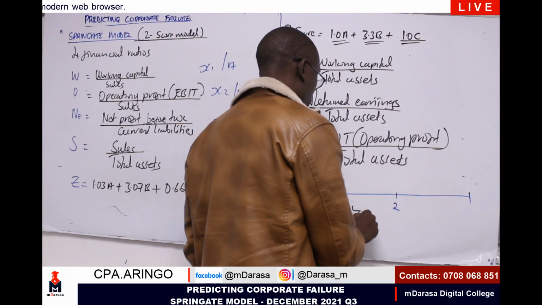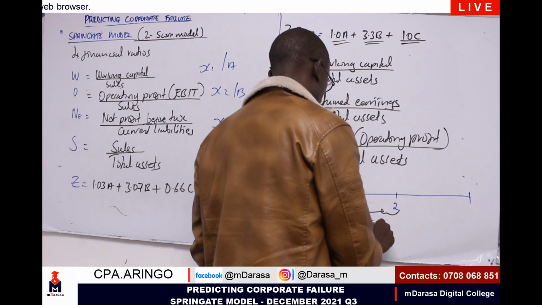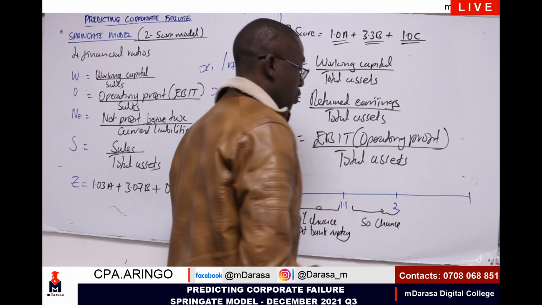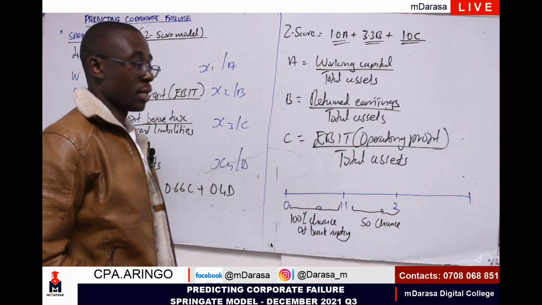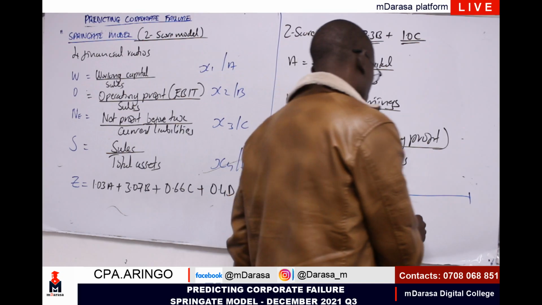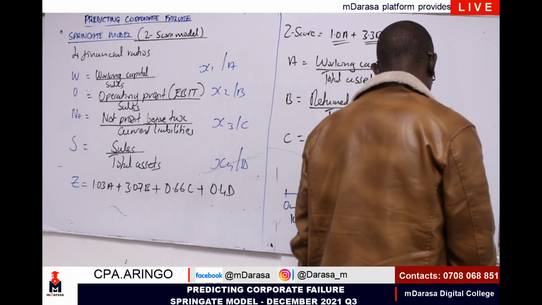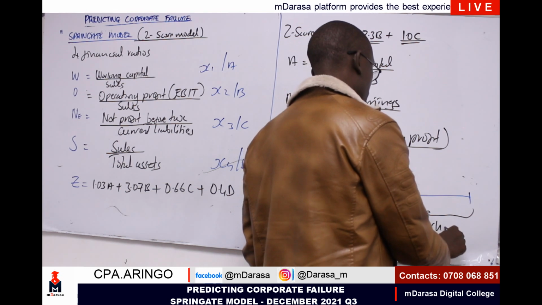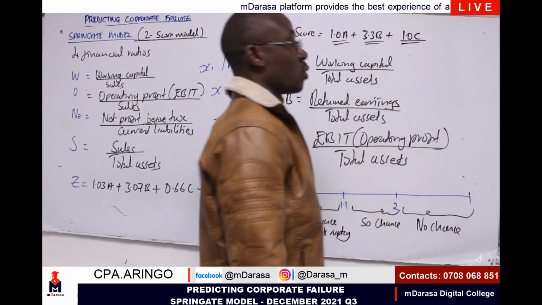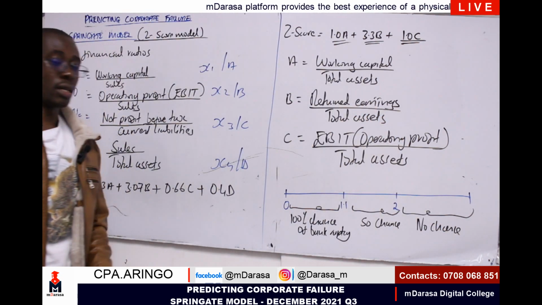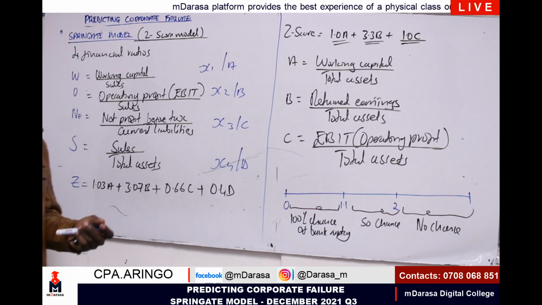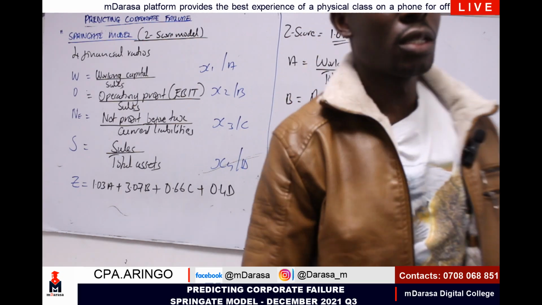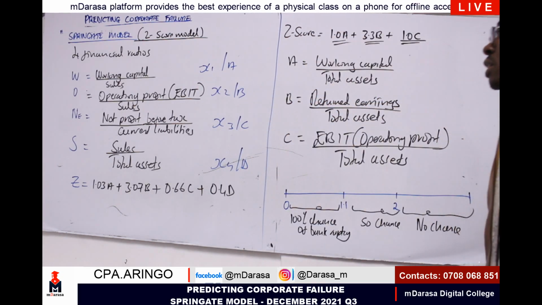Between a score of 1.1 and 2, this is a 50% chance of bankruptcy, which we're referring to as a gray area. And of course, more than 2, then there's no chance of failure. There's no chance of failure completely. So this is what you're referring to as the Springate model, a very important model that will always help us to understand this concept very clearly.